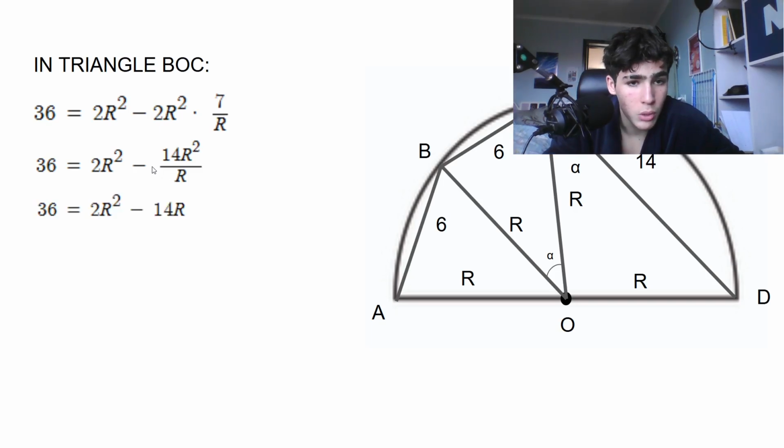So this will leave us with 14r, and we can simplify this a little bit more. Do you see the pattern here? So we can subtract both sides by 36, which leaves us with 2 equals 2r squared minus 14r minus 36.